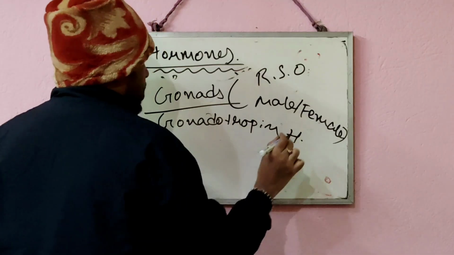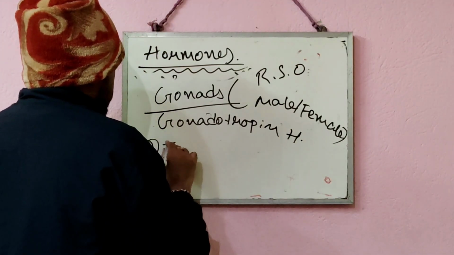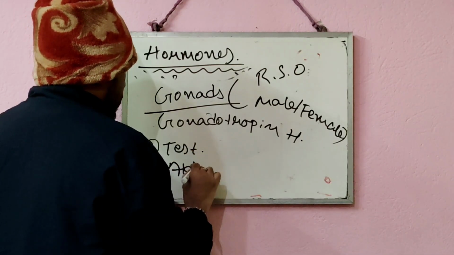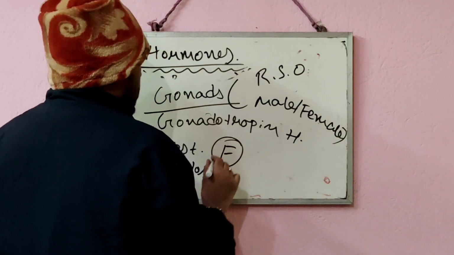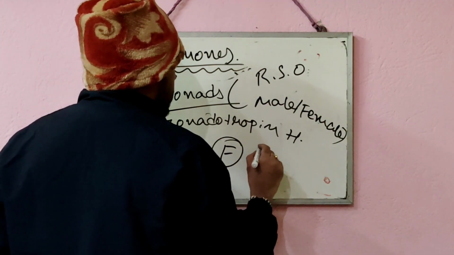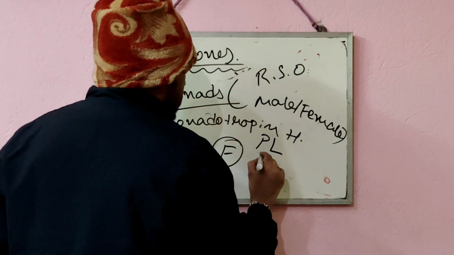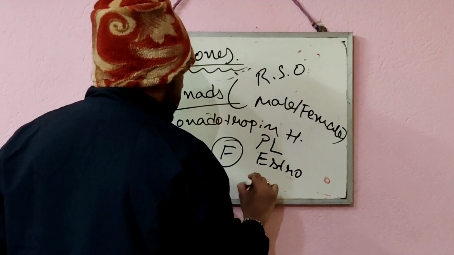What are examples of gonadotropin hormones? From male, examples are testosterone and aldosterone, and from female, examples of gonadotropin hormones are prolactin, estrogen and progesterone.